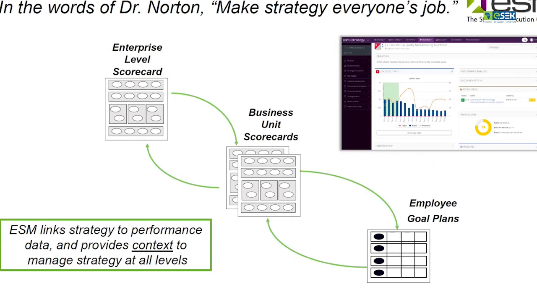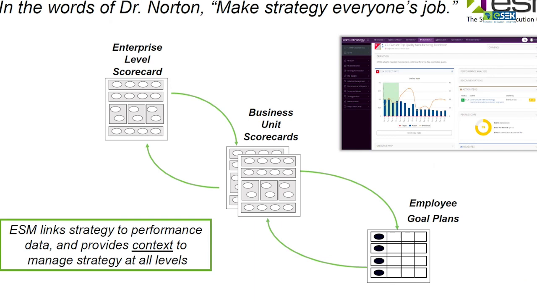We can then cascade the strategy from the enterprise, if you're a large enough entity, into divisions or departments, and then all the way down from business and support areas right into employee level goal plans to the individual level. We are essentially, in Dr. Norton's eyes, making strategy everyone's job when we do this. We create alignment, we communicate that strategy down, right? And these are the building blocks to a well-executed strategy.